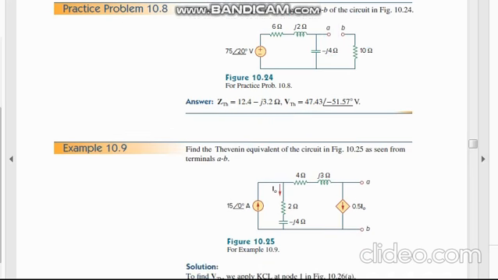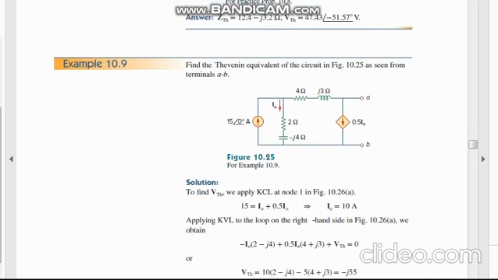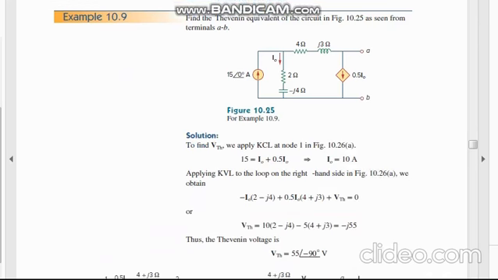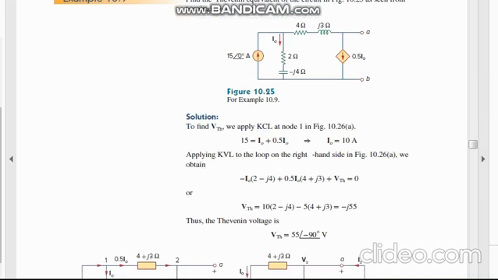Now looking at another Thevenin equivalent circuitry, as a current source has been given here. To find out V Thevenin, we have to apply Kirchhoff's current law at node 1. That's node 1, that's node 2. They are applying the nodal analysis, but you can make it quite solvable.